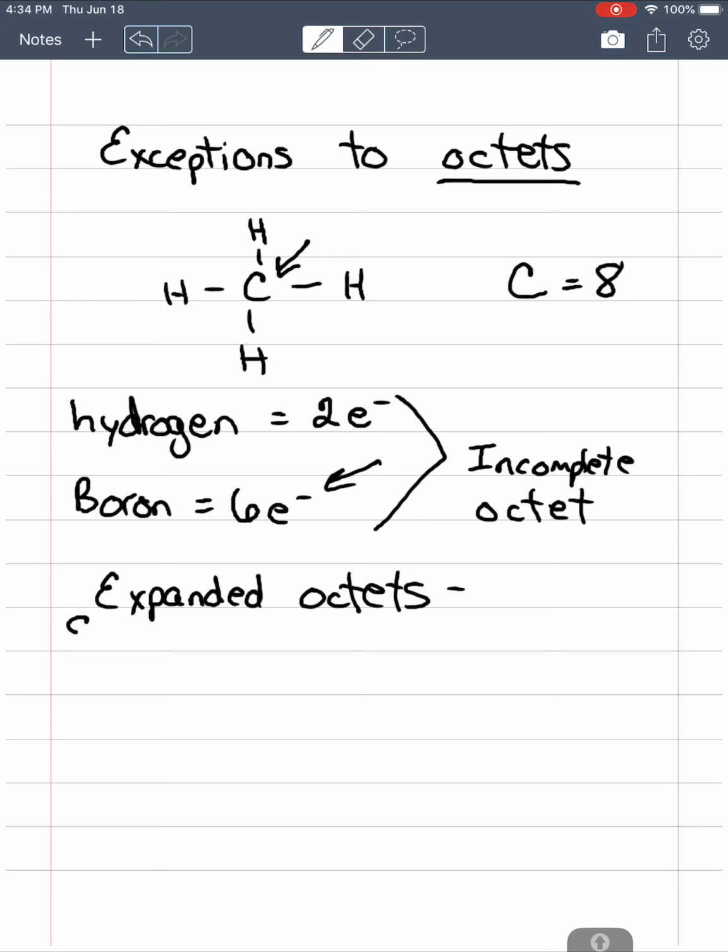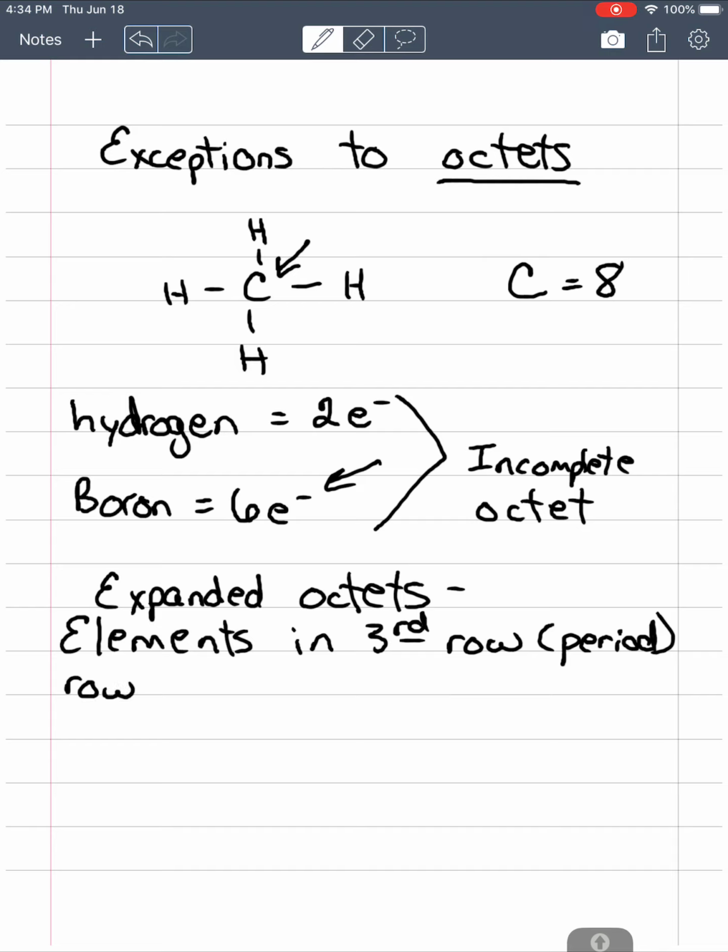And they would be all the elements in the third row, also called a period, and a row just is this direction. So elements in the third row and beyond can have expanded octets.